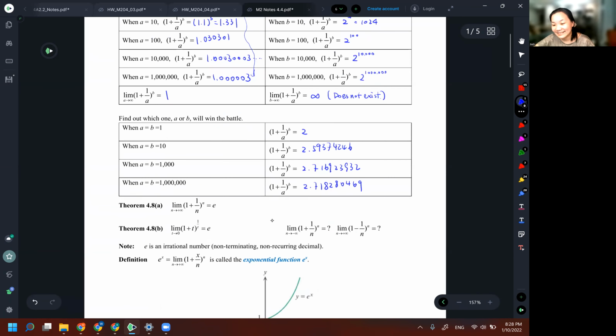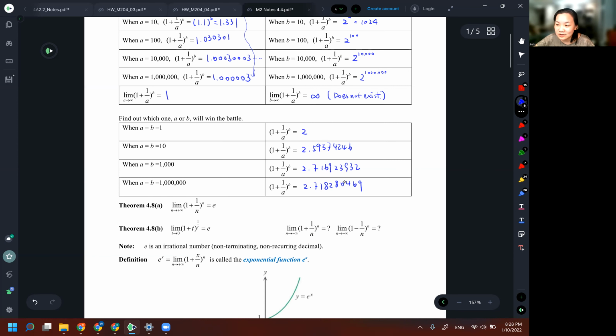Agree? It's big enough. I mean, A and B are big enough. But you can see that Y does not tend to 1 or to infinity. It is balanced. I mean, it's like A and B, it's a tie, neither of them wins. They strike a balance at 2.7 or something.